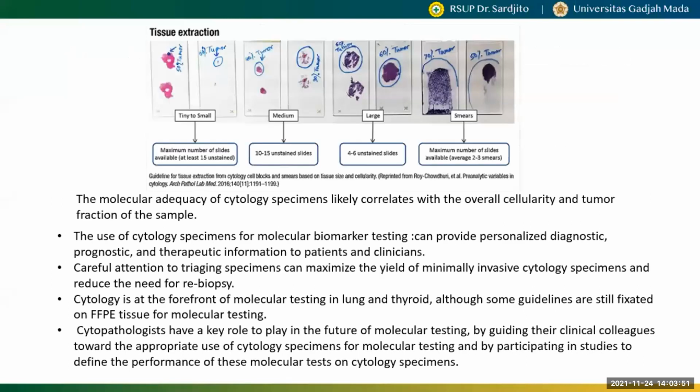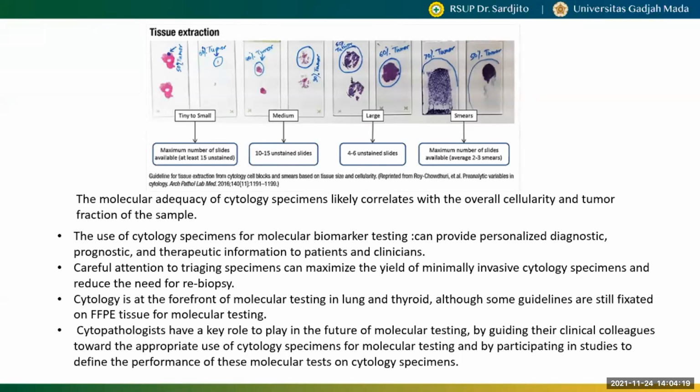Okay, this is a study that shows how we could recognize the feasibility of the specimens. So in this area here, usually we can also have this kind of specimens. It is said that the left specimen is a too small tumor.